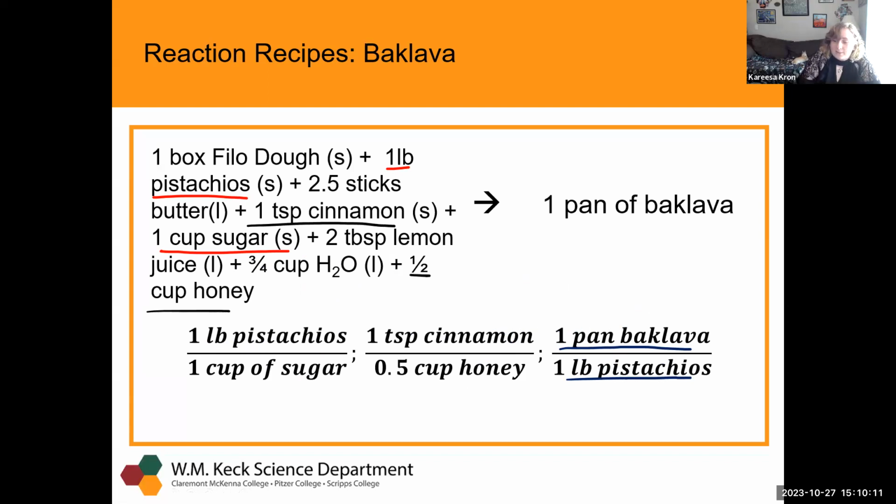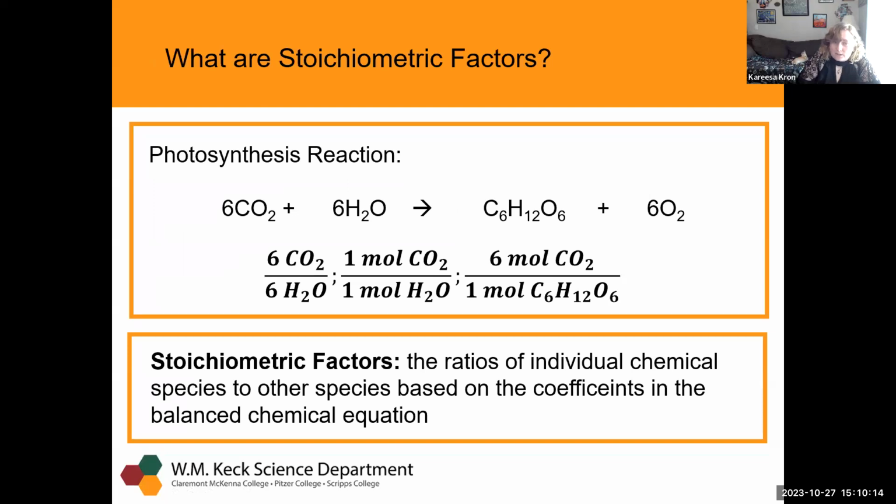And so we can do the same process for that photosynthesis reaction, which is if I have 6 CO2 molecules, I'm going to need 6 H2O molecules. And I can write this as 1 mole of CO2 per 1 mole of H2O. And if I actually want to make a glucose, then I'll need to have 6 moles or 6 molecules of CO2, depending on if we want to make a mole or a molecule of glucose, that I have to put in.